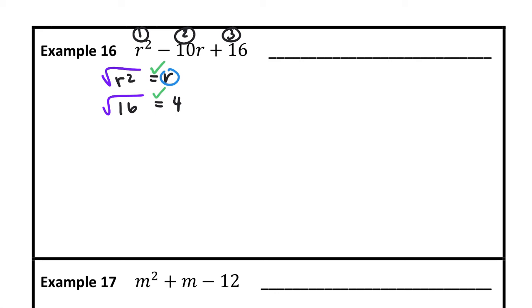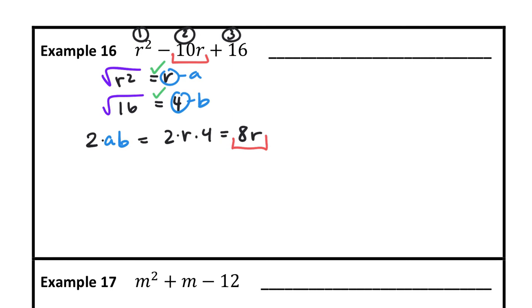So this is my A and my B. So now I'm going to check the middle term and check, what's 2 times A times B. It's going to be 2 times r times 4, which is 8r. Does 8r match the 10r? No. So they don't match. So it's not a perfect square trinomial.